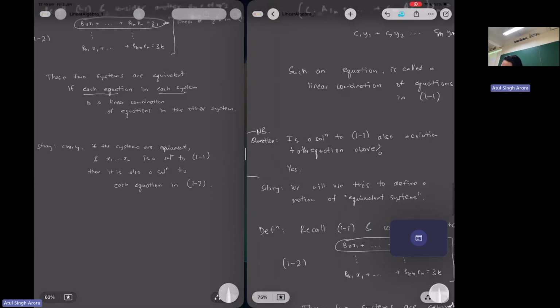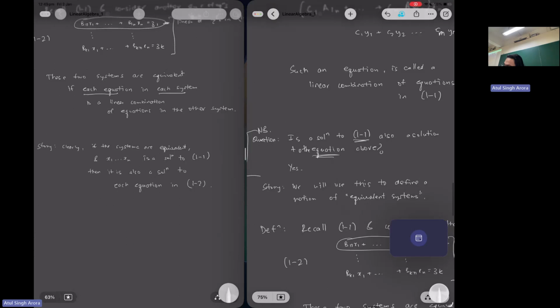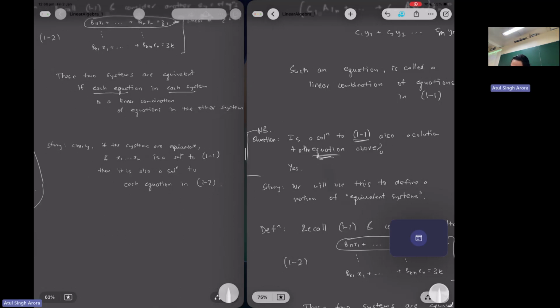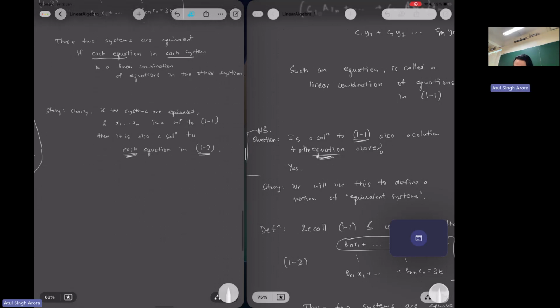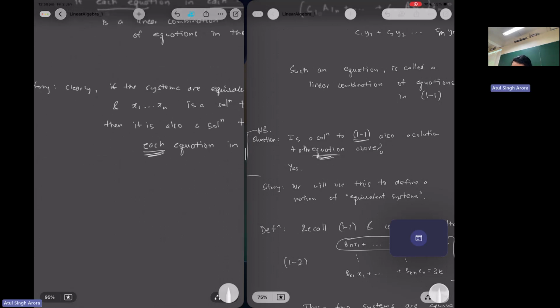What was this note saying? This note was saying that if you have a solution to 1, 1, it will also be a solution to the equation above. And what was the equation above? It was just a linear combination, right? And we can run this argument for every equation in 1, 2. And conversely as well.